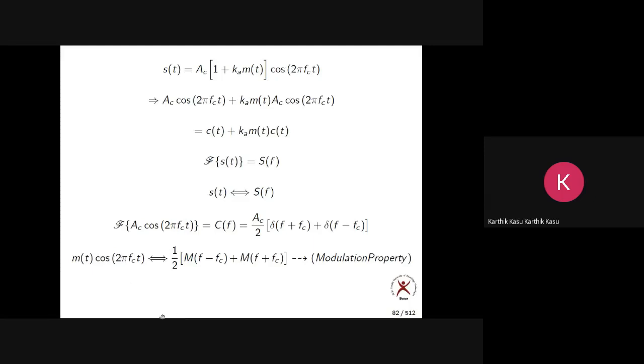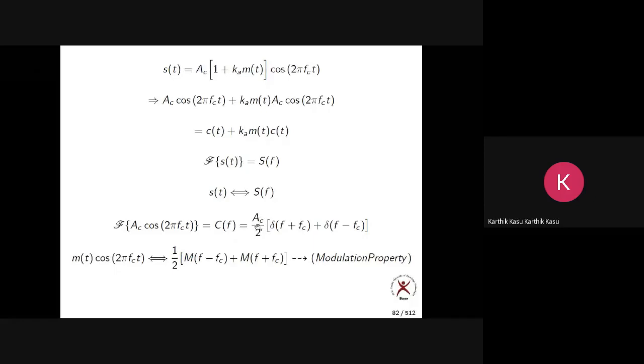These two are multiplied in time domain, so in frequency domain they have to be convolved. Here m of t becomes capital M of f, so multiplication becomes convolution. Now what is the Fourier transform of cos 2 pi f c t?